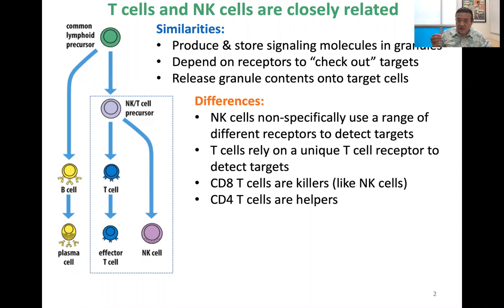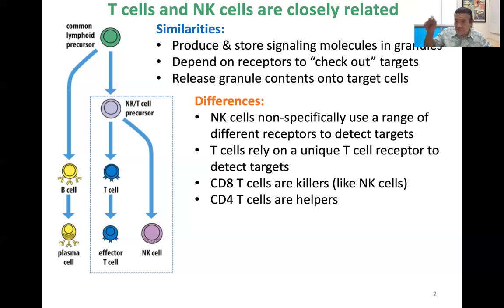And so, as we will learn later, natural killer cells have a library of different types of receptors that they can express on their surface in order to help inform the NK cell what to do when it presses up against another cell. T cells have a range of receptors also. In fact, they have many of the same NK cell receptors, but T cells take it a step further.